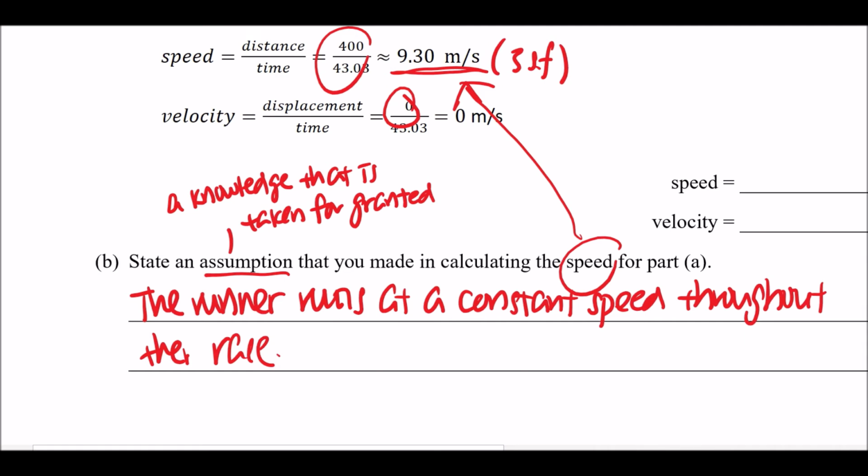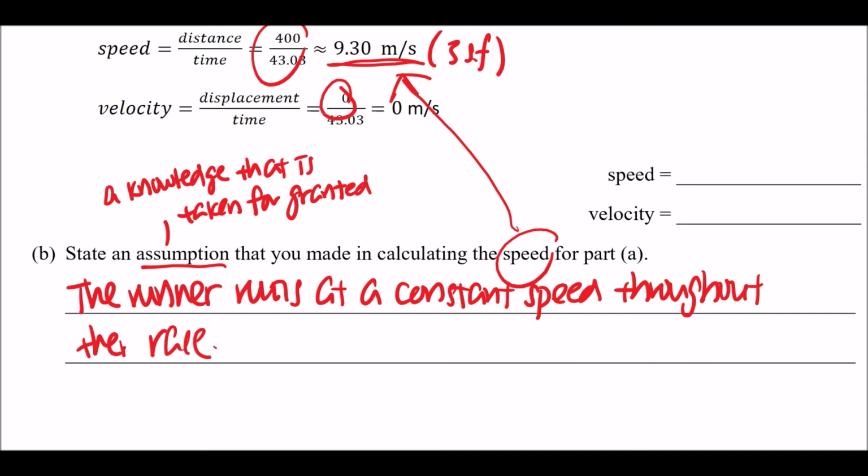It makes sense, because if sometimes he runs faster, sometimes he runs slower, then we cannot simply say that the speed is 9.30 meters per second.